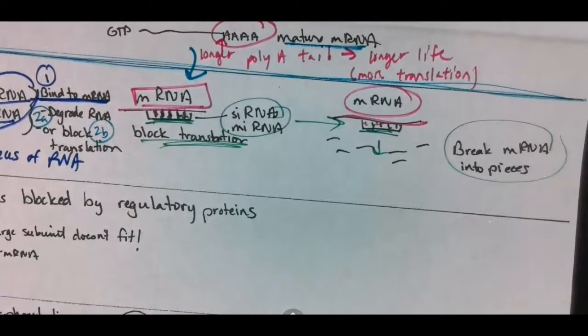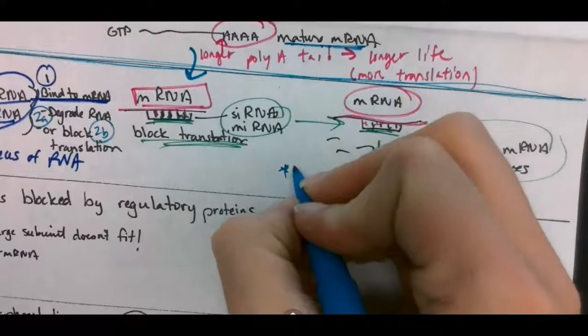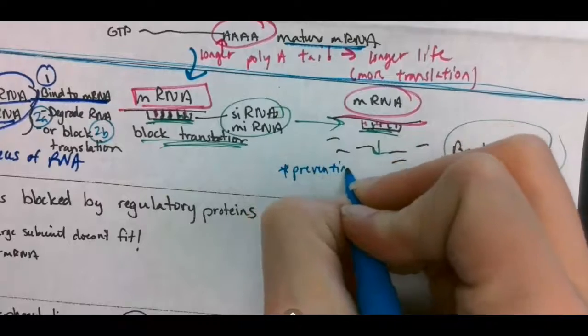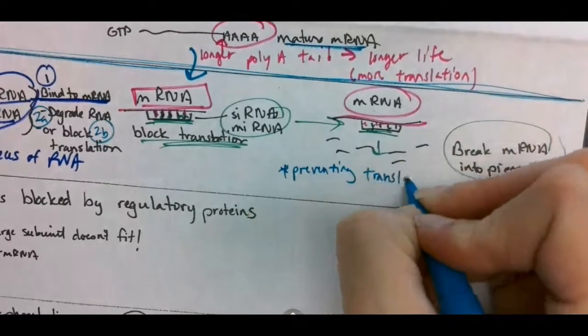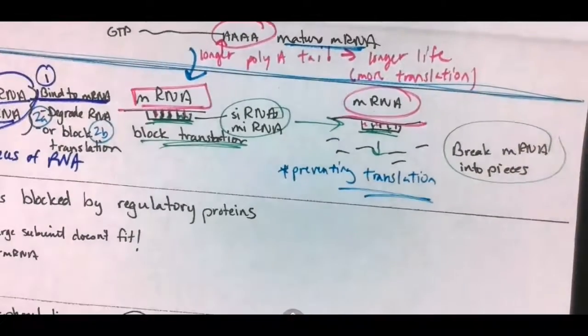So RNA interference is basically preventing the mRNA from being translated. So if you make an mRNA and you don't want to make its protein, you can prevent translation here.